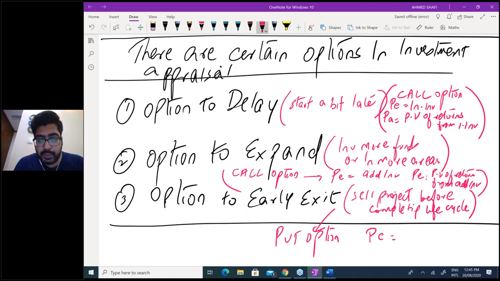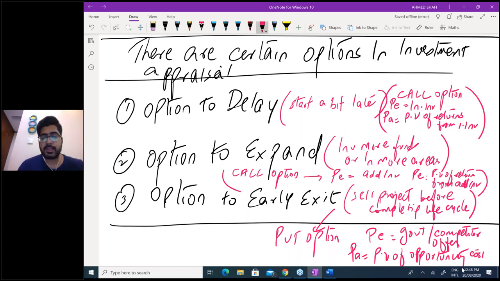PE of this option is the competitor's offer, and PA is the present value of opportunity cost. Because once you take that option and sell early, you lose future cash flows. This is an opportunity cost. You need to memorize these things, and then I will explain a question in detail about it.